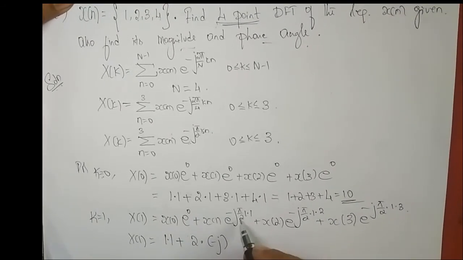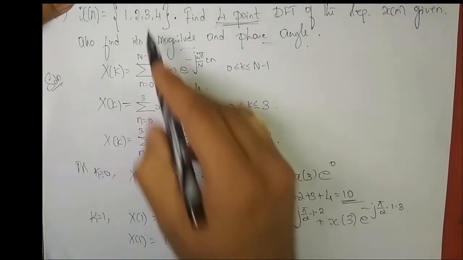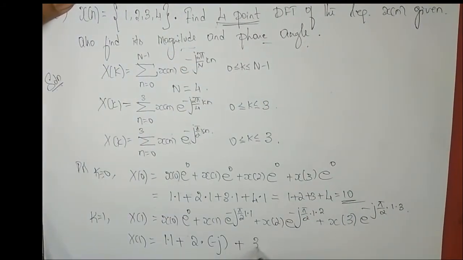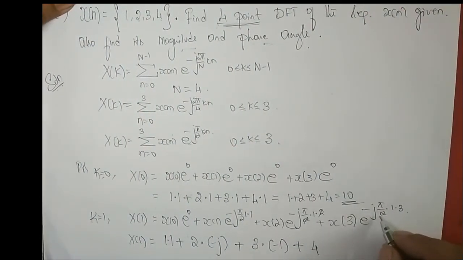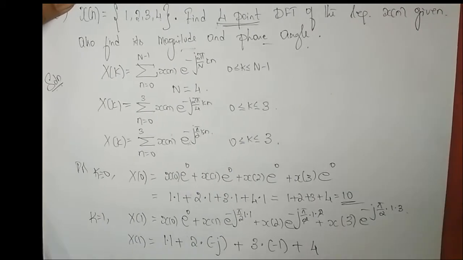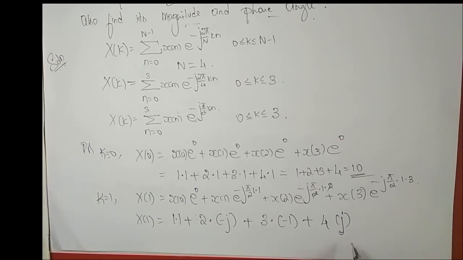Plus x of 2 is 3 into e power minus j pi. What is e power minus j pi? Cos pi minus j sin pi, which is equal to minus 1. Plus x of 3 is 4 into e power minus j 3 pi by 2. What is the value of e power minus j 3 pi by 2? Cos 3 pi by 2 minus j sin 3 pi by 2 is j.